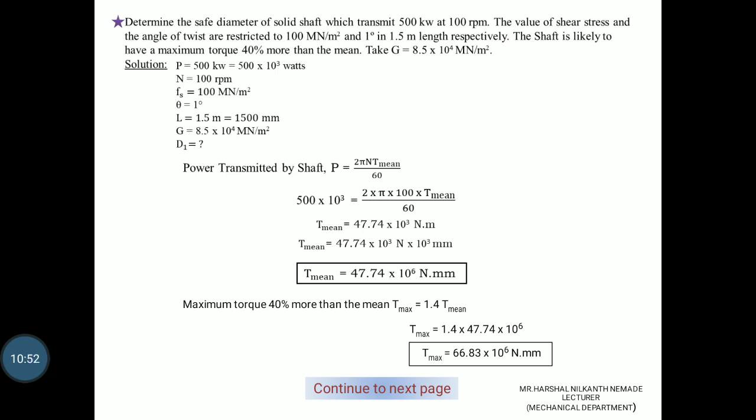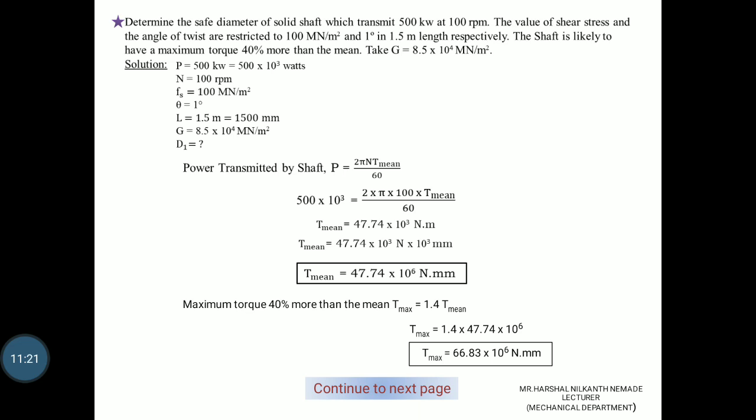Okay, so power transmitted P is equal to 2 pi N T, where T I have replaced with T mean, divided by 60. So T mean value is 47.74 multiplied by 10 raised to 3 Newton meter. By multiplying by 10 raised to 3, it will be converted to mm. So T mean final answer is 47.74 multiplied by 10 raised to 6 Newton mm.